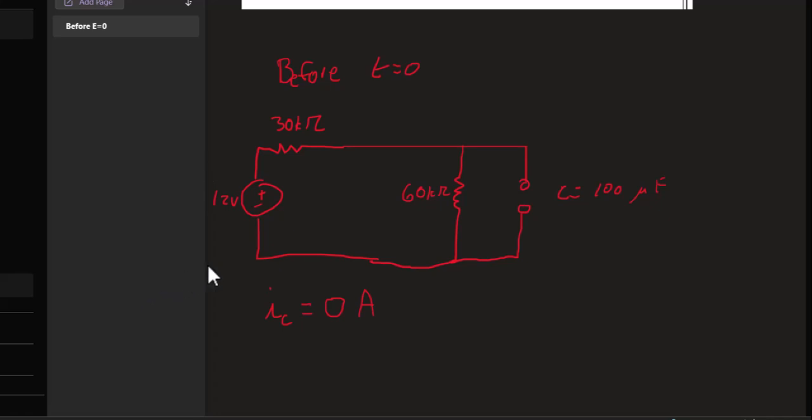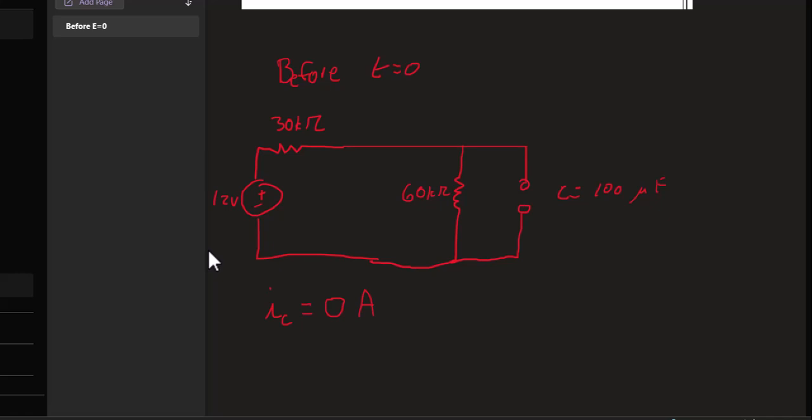And the way you find out what voltage a capacitor has is by finding something it's in parallel with. It's real tempting. When I first started to do this, I thought, well, current's 0, voltage is 0, but that's not true. So the voltage is something it's in parallel with. Now, is it in parallel with the 60 kiloohm resistor? Yes.